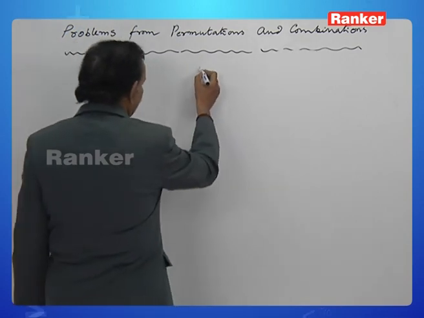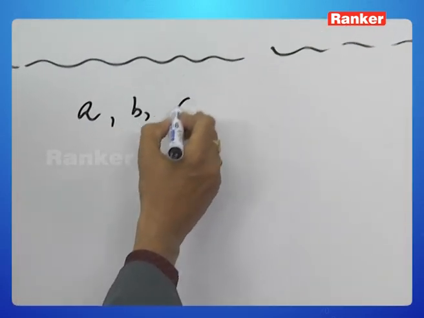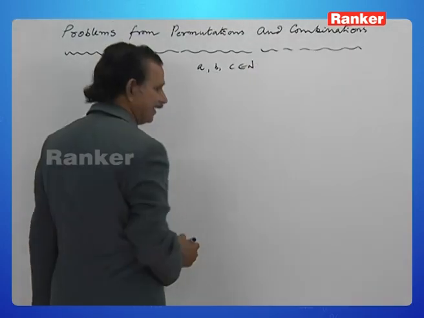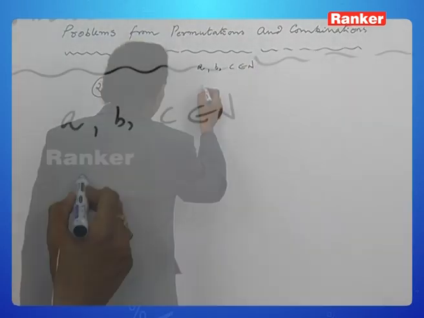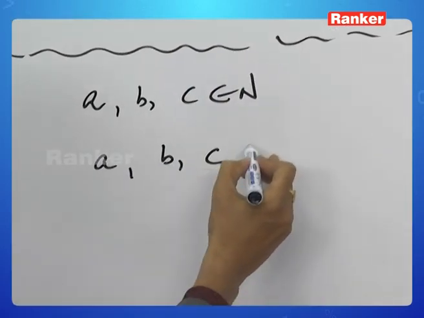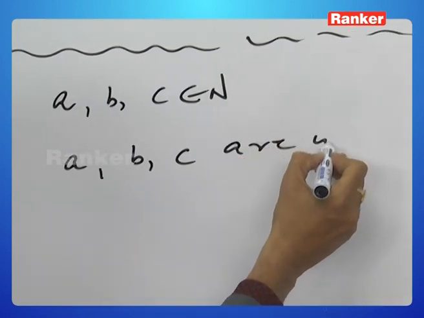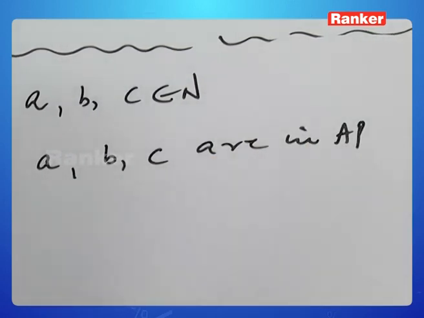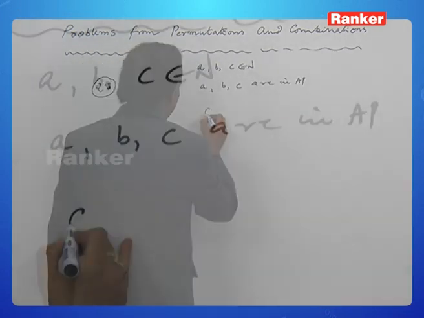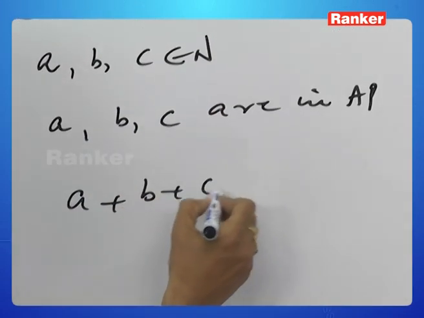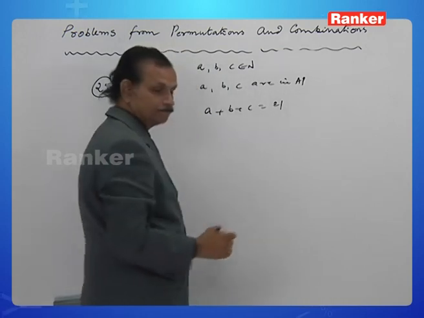What are the conditions? A, B, C belong to N. And then A, B, C are in AP. What is the third condition? A plus B plus C is equal to 21.